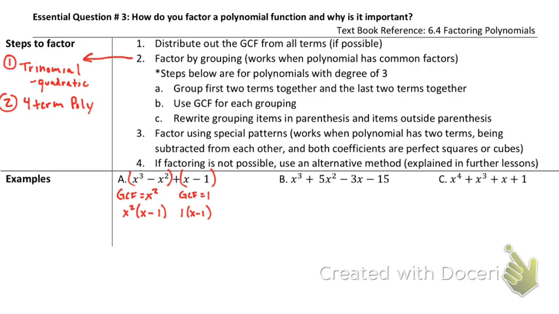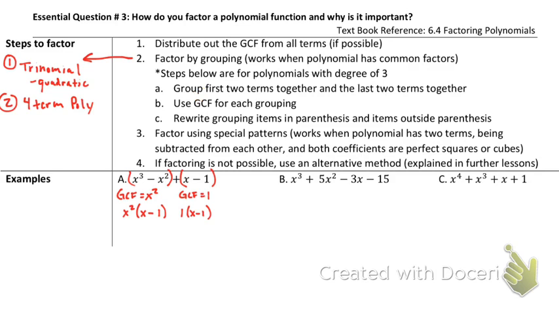Okay, at this point, you want to make sure that when you factor, your factors that are in parentheses have to be exactly the same in order to use factor by grouping. Once they're exactly the same, we can continue to factor by grouping by doing step C, which says rewrite the items in parentheses and items outside parentheses.